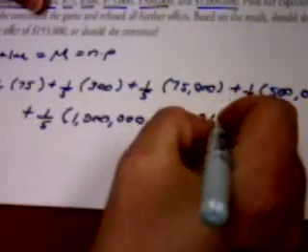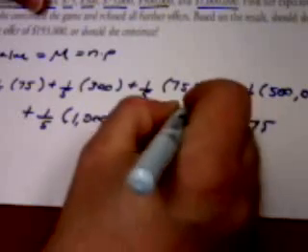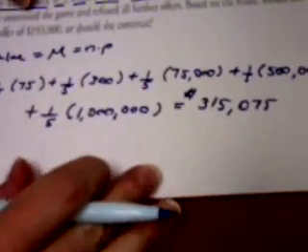Okay, and when I do this, I get that my expected value, or my mean, is $315,075. So if that's my mean, this is based on find her expected value if she continues the game and refuses all further offers. Well, that's her mean if she were to do that.